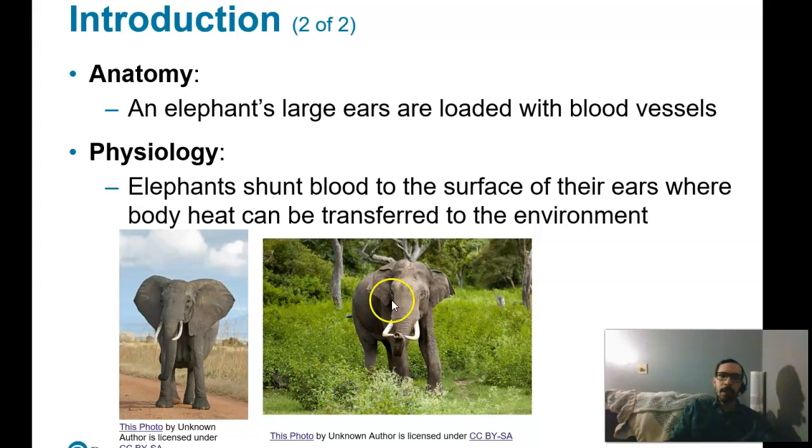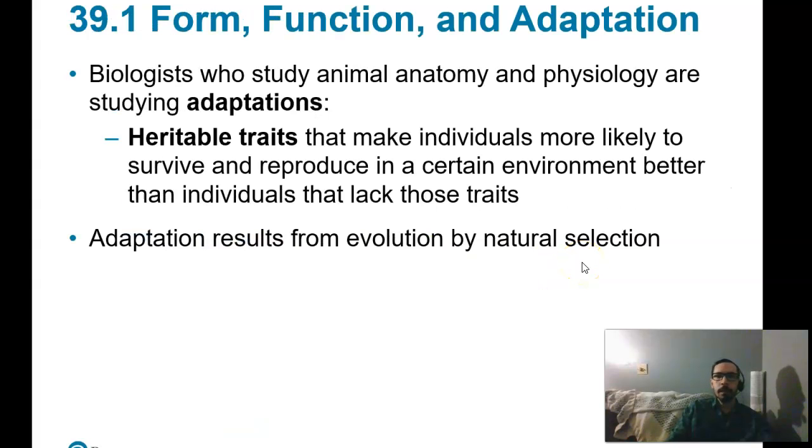And if you compare that to an elephant that lives in a cooler environment, like the Indian elephant, you can see that their ears are a lot smaller. So biologists that study an animal's anatomy and physiology are studying animals' adaptations. And then they're looking at heritable traits.